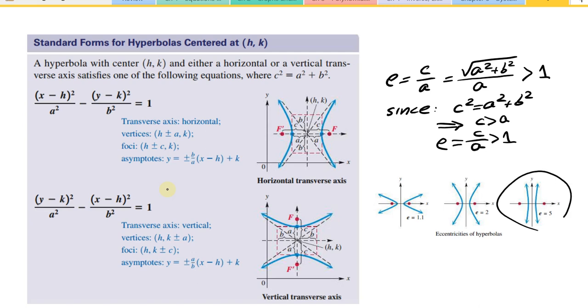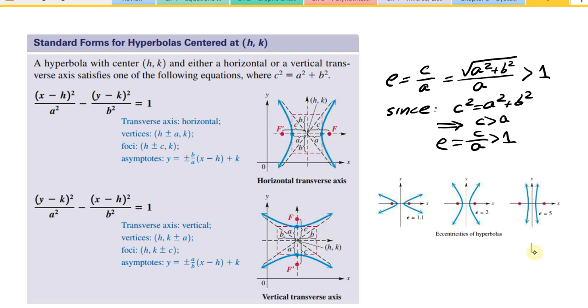So here you're looking at 3 possibilities of how the eccentricity affects the branches of a hyperbola, as far as the branches being narrow here, and then becoming wider and much wider. For the case where the eccentricity is near 1, the branches are kind of narrow here, right? And as the eccentricity grows, the hyperbola becomes nearly vertical, like a line almost. These are the hyperbolas with larger eccentricities.